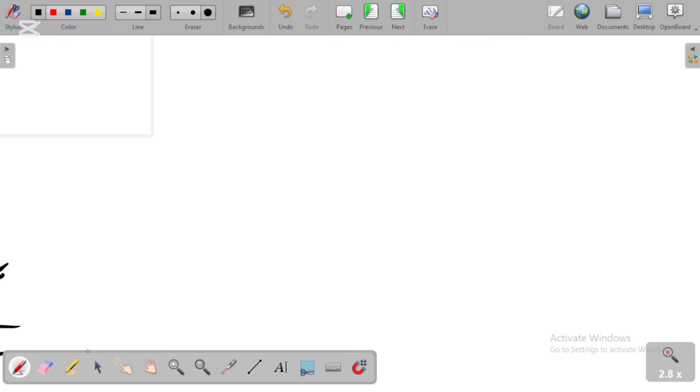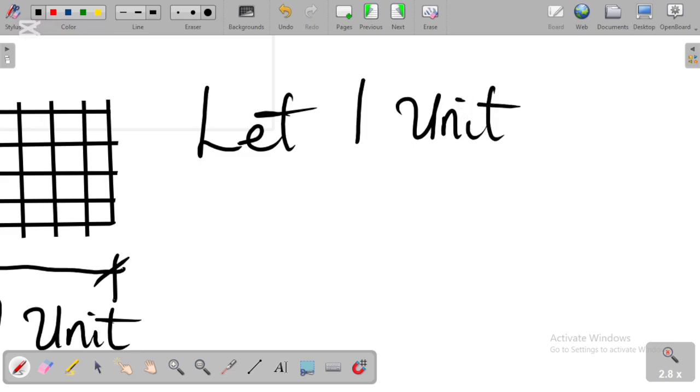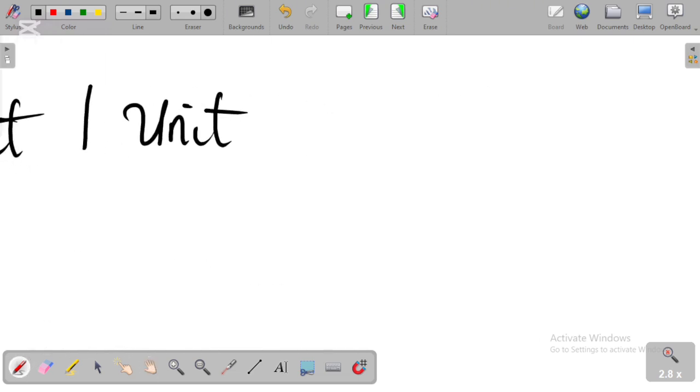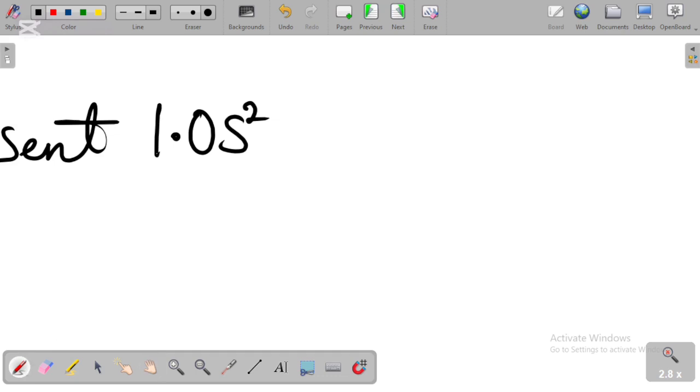So therefore, it is left with you to choose your scale. Everybody's scale cannot be the same. All right, so this is the scale I chose. Let 1 unit represent 1.0 second square on t square axis.